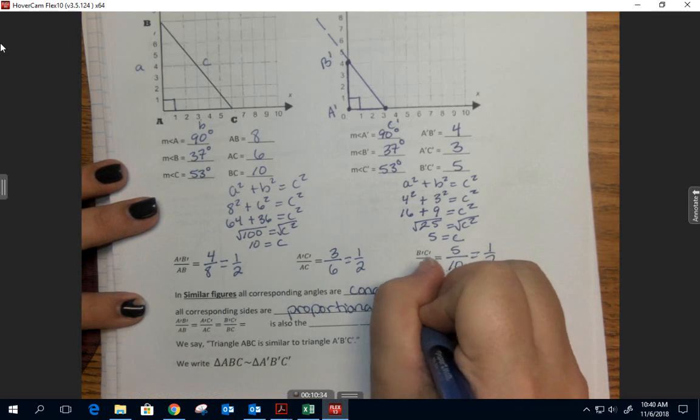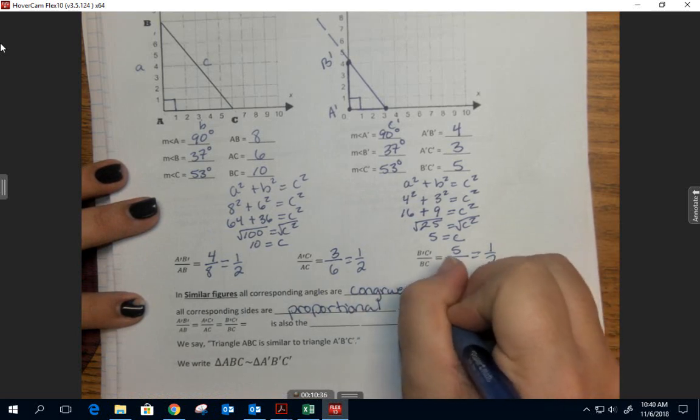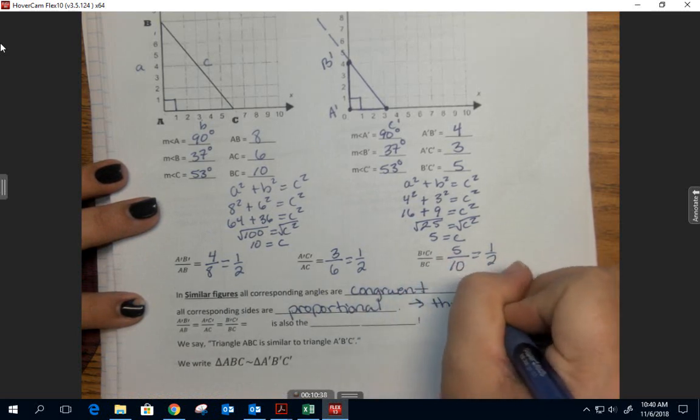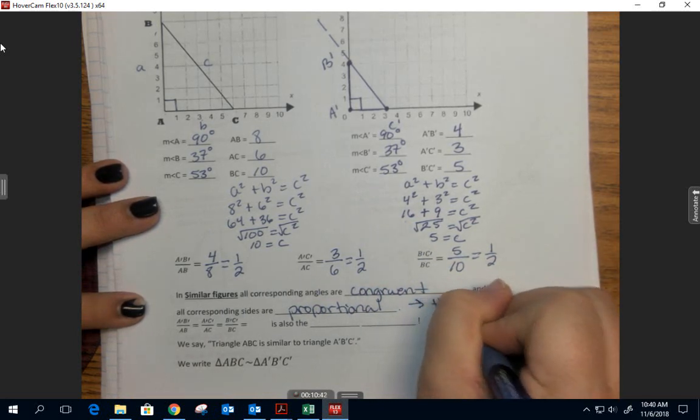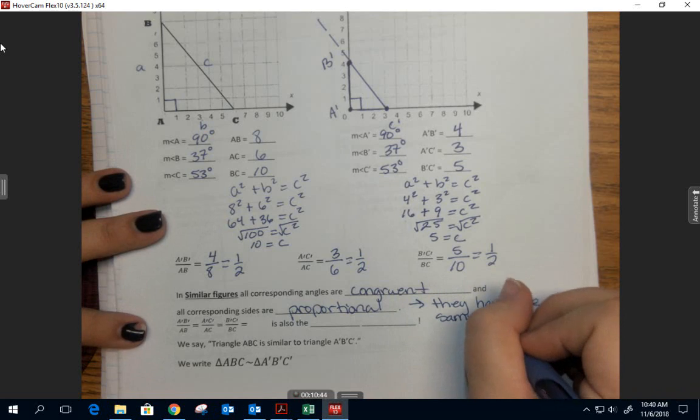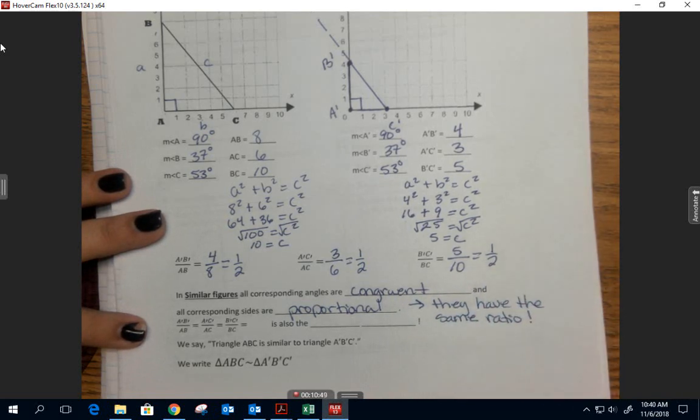So we can also say they have the same ratio. So all corresponding sides are proportional, as it shows here.